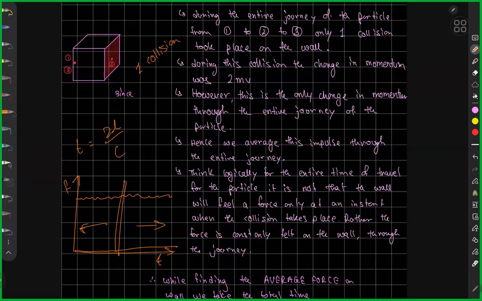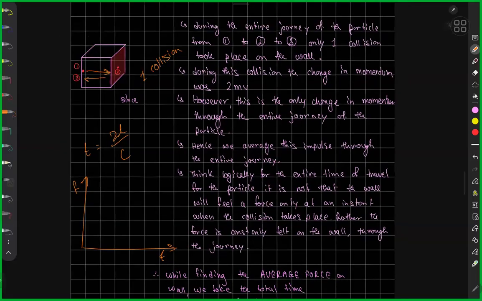No. So we average whatever force is applied during the collision out through the journey. Whatever force is applied on the wall during the collision, we don't know that. We average that out through the journey of going from 1 to 2 to 2 to 3, because that is the only way it makes sense.